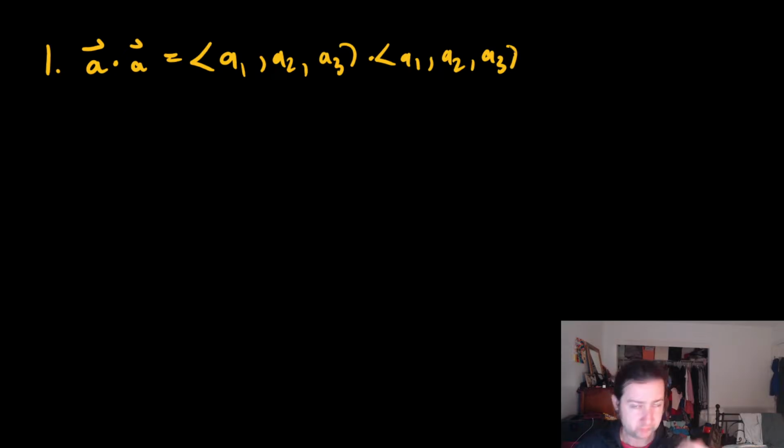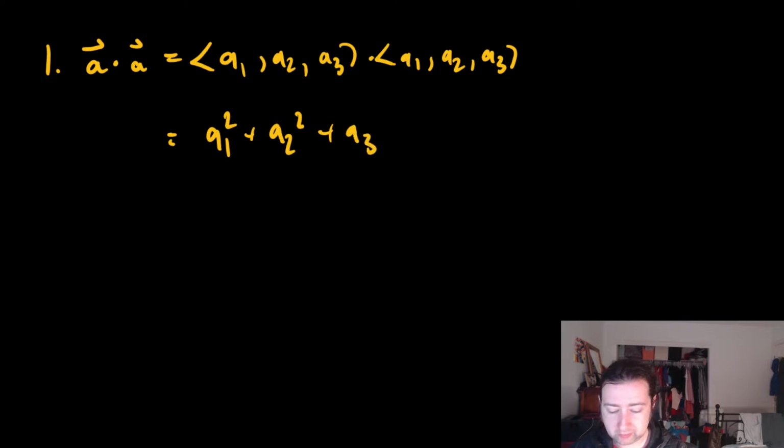The dot product of a vector with itself: if we have A1, A2, A3 dotted with itself, then because we multiply the terms by the similar term, first to first, second to second, third to third, and then add, we get A1 squared plus A2 squared plus A3 squared.